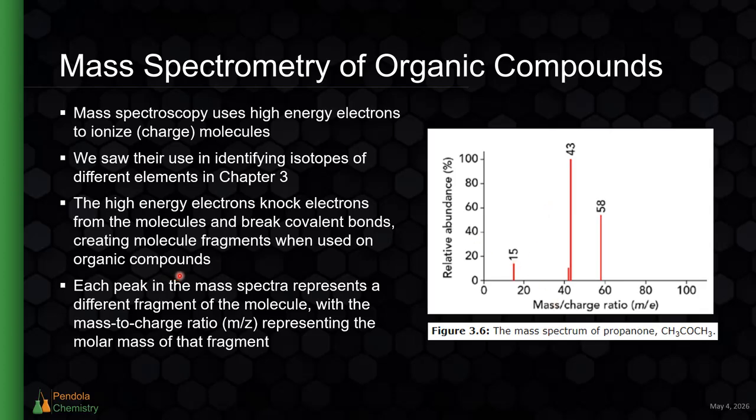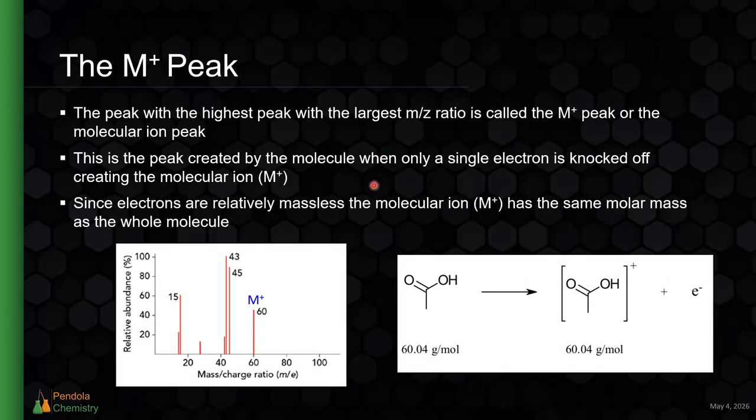Now we're going to get different fragments and different mass to charge ratios, either m/z or sometimes you'll see m/e on the x-axis, and the y-axis will represent the abundance of those fragments. But the abundance is not as important when it comes to organic chemistry.